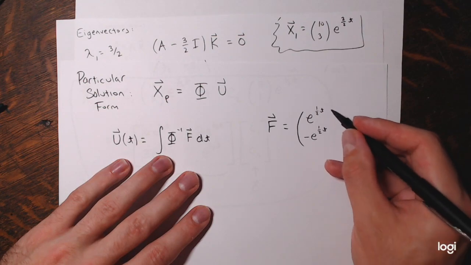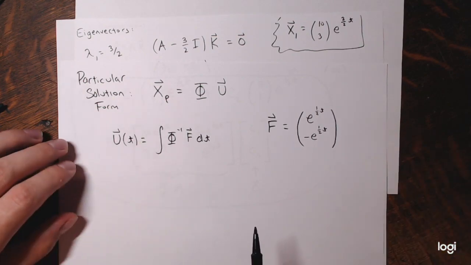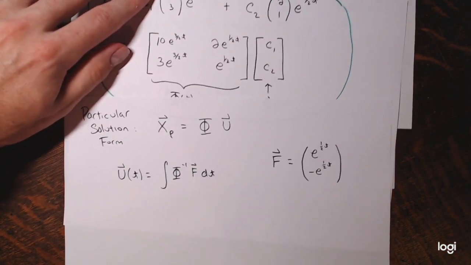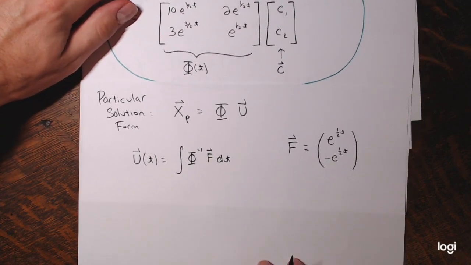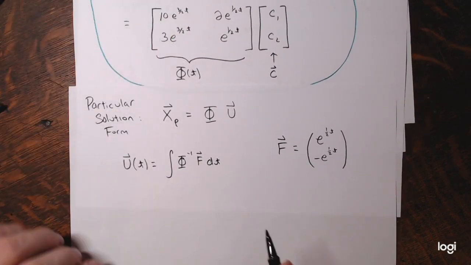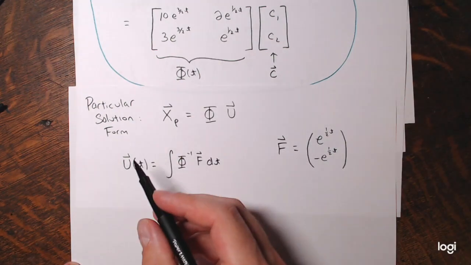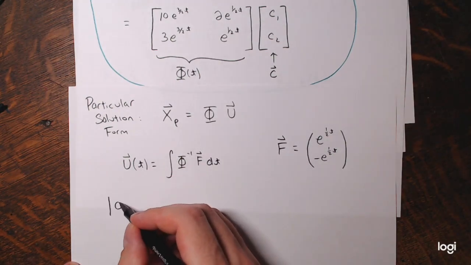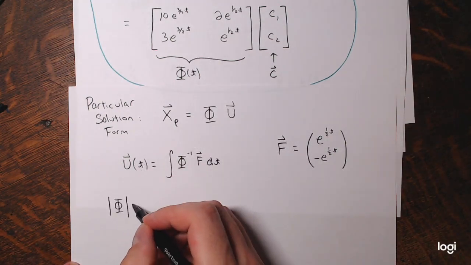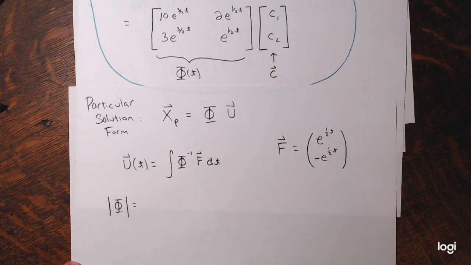There's vector f. Now I know what phi is, we got it here. So now I need phi inverse. I'll leave phi up there. Now I need the determinant of phi if I want to find phi inverse using the adjoint matrix method.